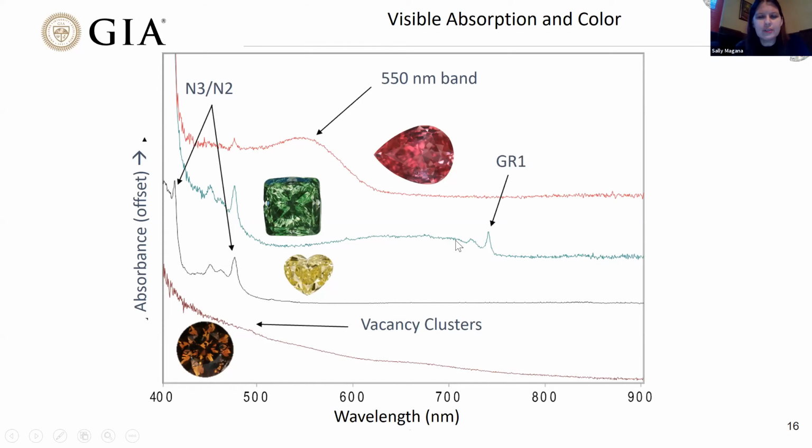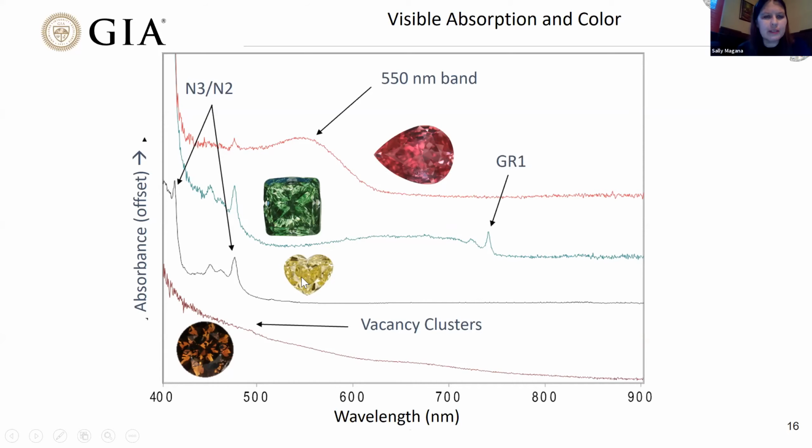This next stone is a vibrant green, and that is also showing nitrogen-related defects absorbing in the blue. And then over here within the red, we see this vacancy-related defect called the DR1. So we have absorption in the blue due to nitrogen and absorption in the red due to irradiation, and then that leaves this window in the green.